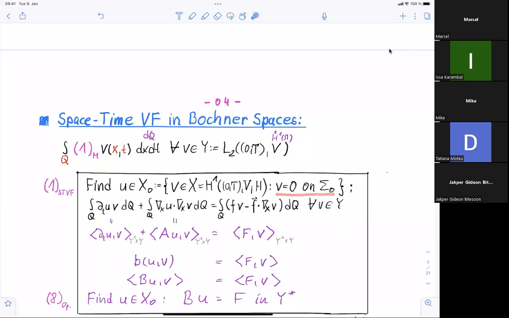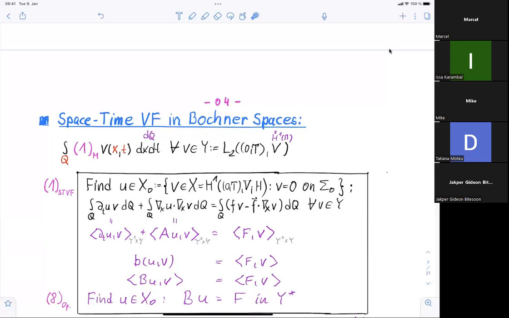You know, Ladyzhenskaya used integration by parts, and the initial condition was some kind of natural condition at the bottom of the space-time cylinder. Now it's in the space. And then I end up with this. Now the operator A is given from X0 to Y star. So I can write here, this is in the Bochner spaces now.